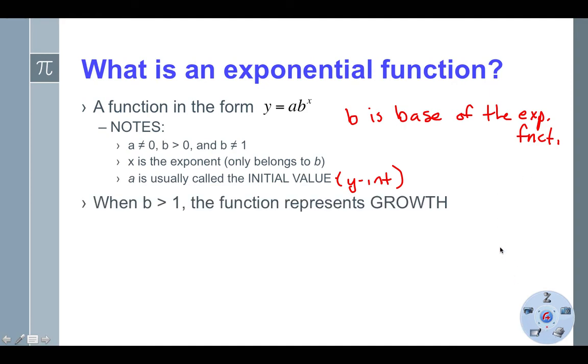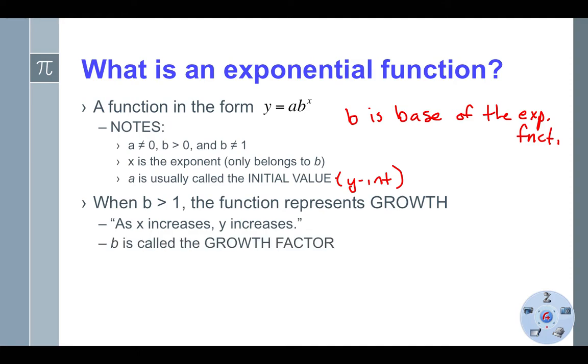When b is bigger than 1, the function represents a growth model, or just a growth. It is growing as time goes on if we deal with real-world stuff. Basically, this says as x increases, y increases. B is called the growth factor in this case, specifically.